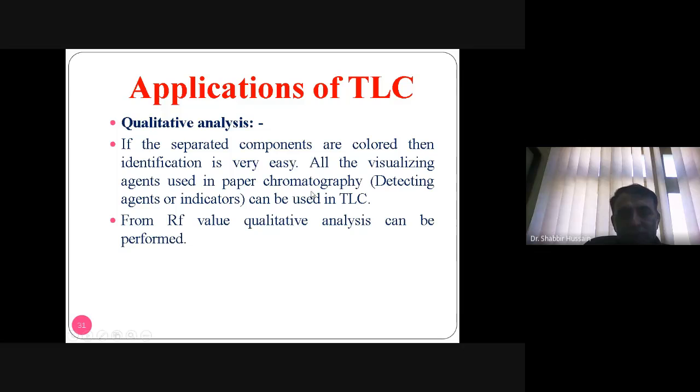One is spraying agent easily tells us which type of compounds we have, and another is RF value tells us the qualitative analysis. Through RF value, qualitative analysis can be performed, right? So this is the qualitative application of TLC.